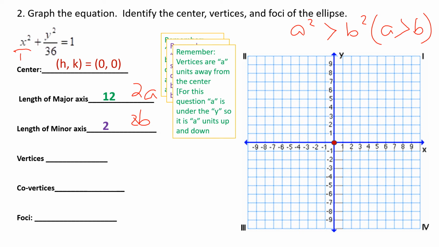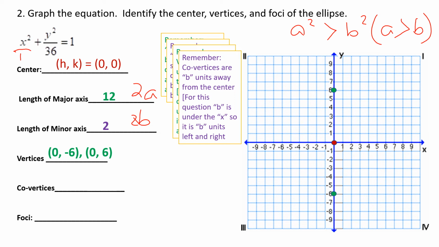Now, the vertices are a units from the center and the co-vertices are b units from the center. Since this is a vertical ellipse, in other words, the major axis is vertical, we're going to go a units up and down, and we put the vertices of the ellipse. So we go up 6 units, down 6 units from the center.